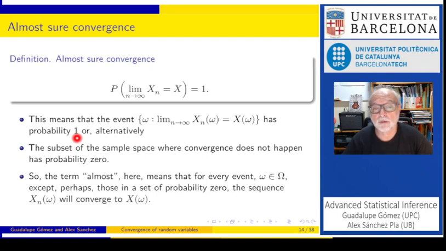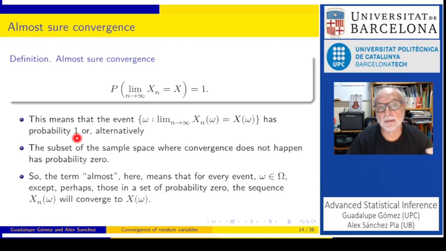It is very common to define it in the opposite way, saying that the probability that this does not happen is 0. What is interesting is that it is not saying that there are no paths that cannot reach X(omega) from Xn(omega).